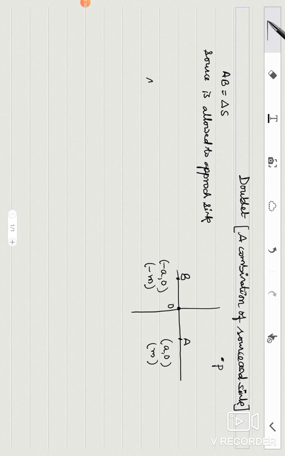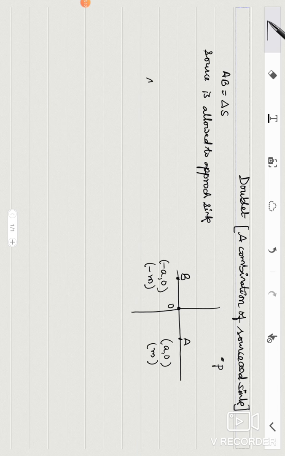If I am saying that this is a source, it simply means that fluid will emerge out radially. And if I am saying that here I have a sink, then whatever is emerging out from the source is going into B. One more thing which we have to keep in mind is that we are working in two-dimensional flow.